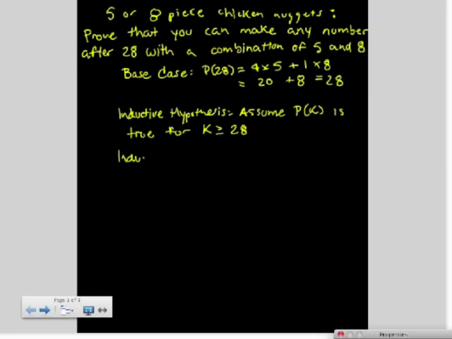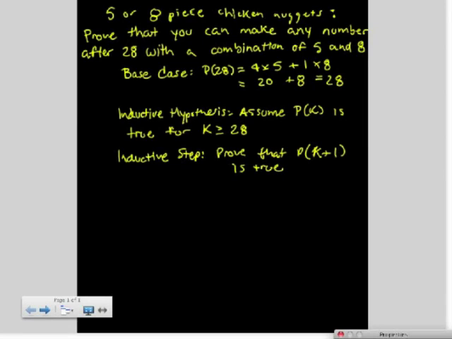So then for our inductive step, like I just said, you want to prove that P of k plus 1 is true.